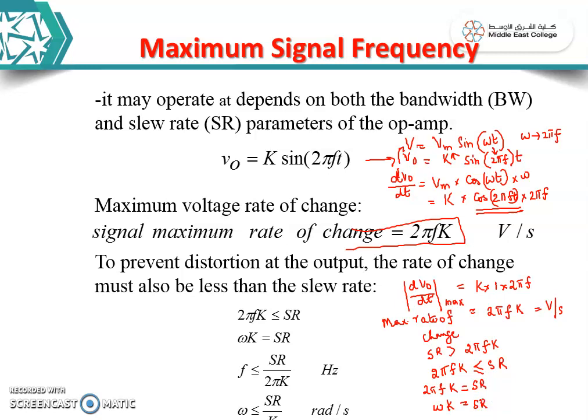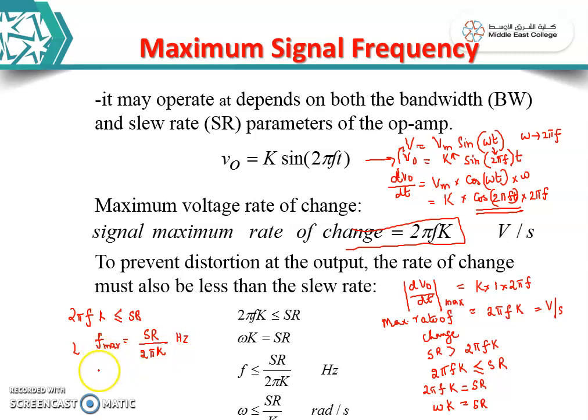Now the condition for maximum signal frequency, that means 2 pi f K should be less than or equal to slew rate. So if I write it as f maximum, it should be equal to slew rate divided by 2 pi K hertz.